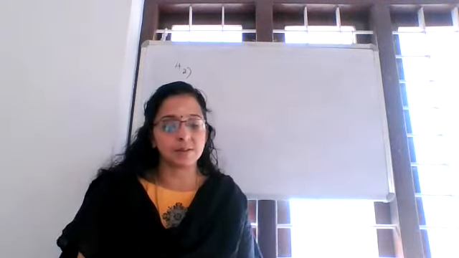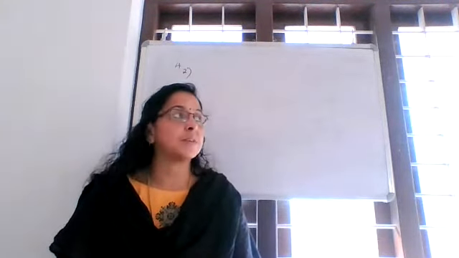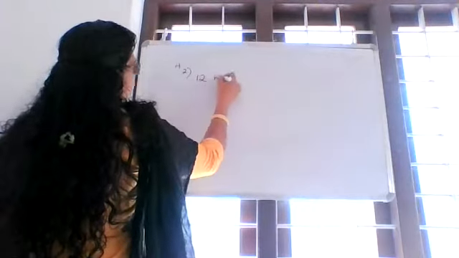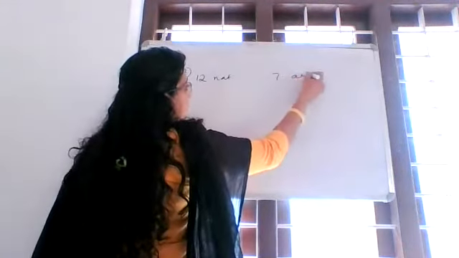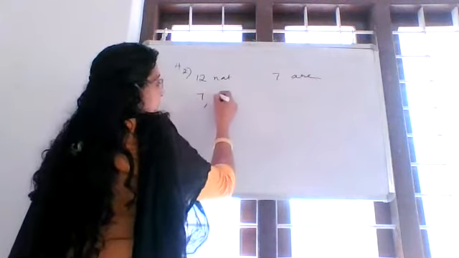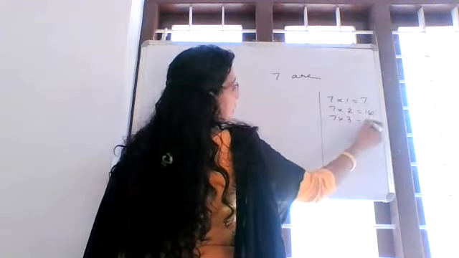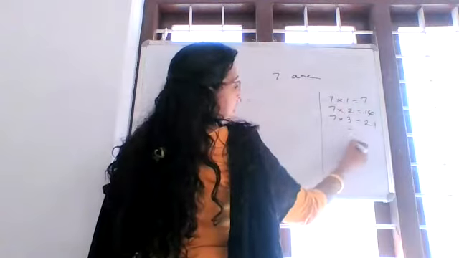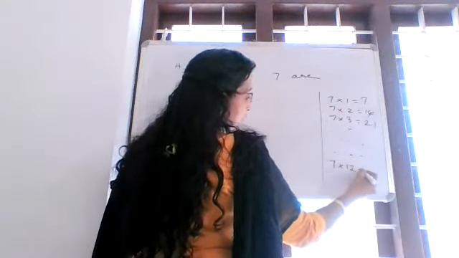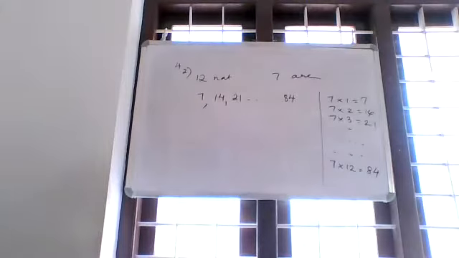So the 12 natural numbers which are multiples of 7 are: 7 ones are 7, 7 twos are 14, 7 threes are 21, etc. 7 into 12 is equal to 84.